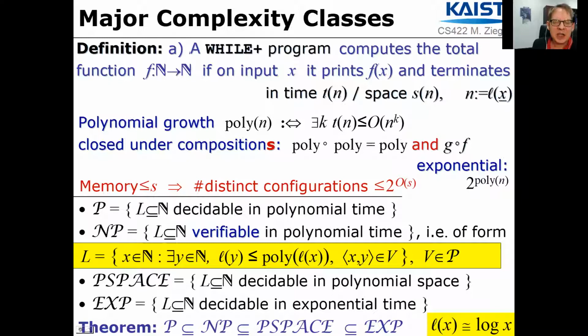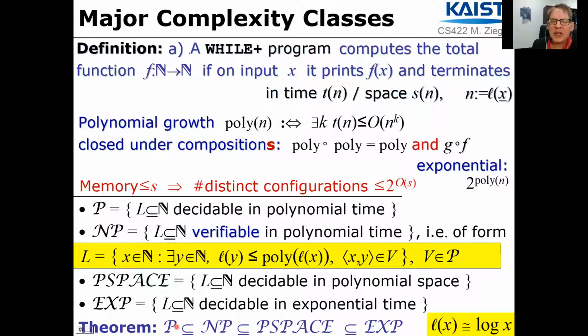So let's have a closer look at these two classes and how they relate to each other. The first observation is that the class of polynomial time verifiable problems includes the class P of polynomial time decidable problems.